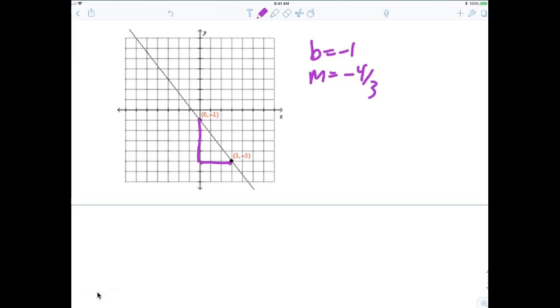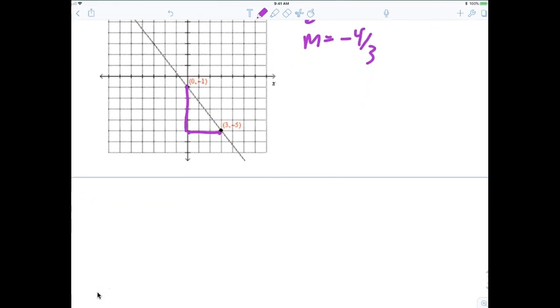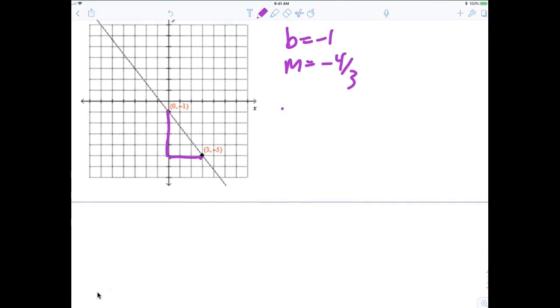So since it's not specific, the easiest way is just to say what? If you know that, you're in pretty good shape, because I know the slope and the y-intercept. I'm trying to show you why you use certain points or certain equations. If you know the y-intercept, y equals mx plus b is the easiest. If you don't, you use point slope.